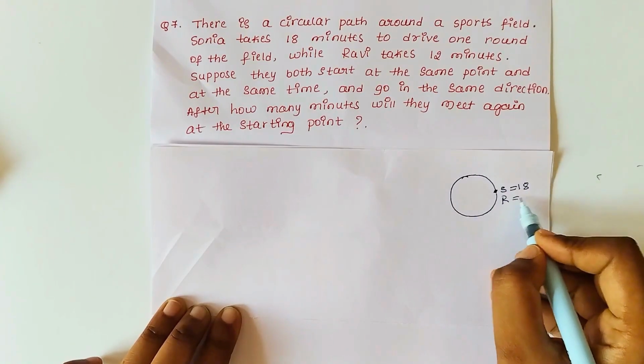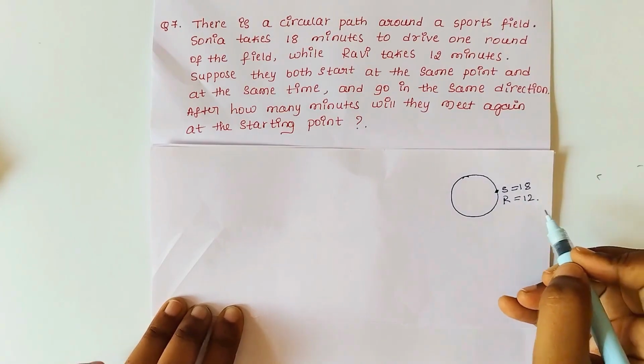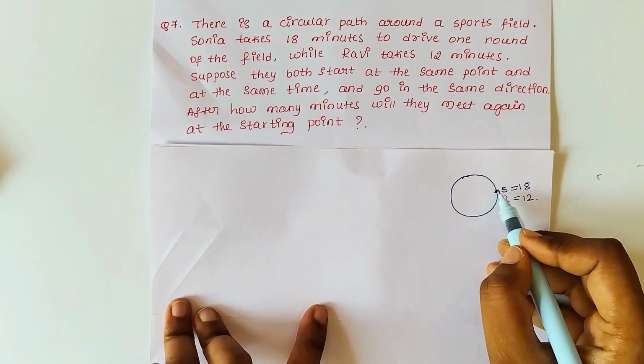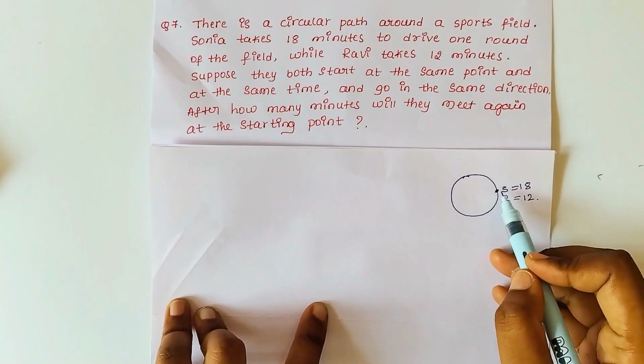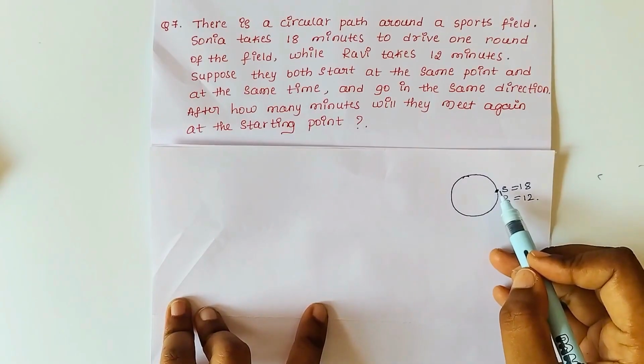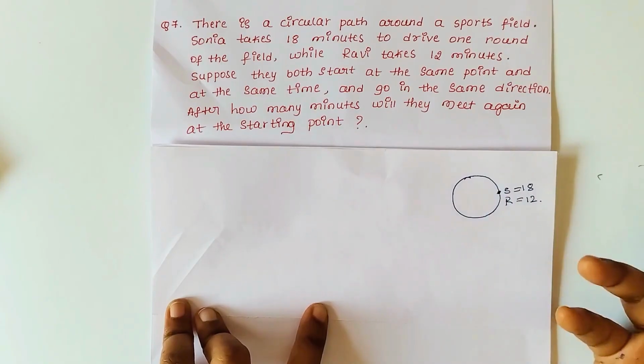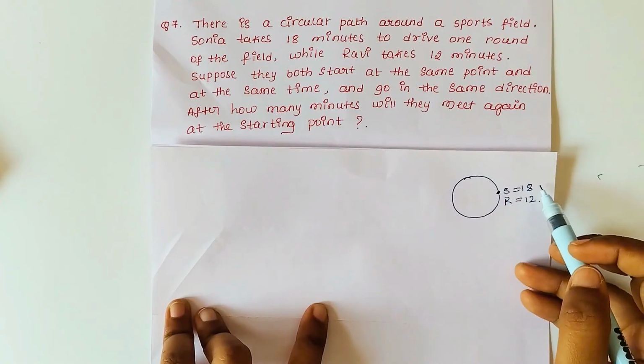He takes only 12 minutes. If they start together, Ravi will finish a lap while Sonia is still halfway through, isn't it? To find out when they both land on this exact spot at the same time again, we need a number that is a multiple of both 12 and 18.